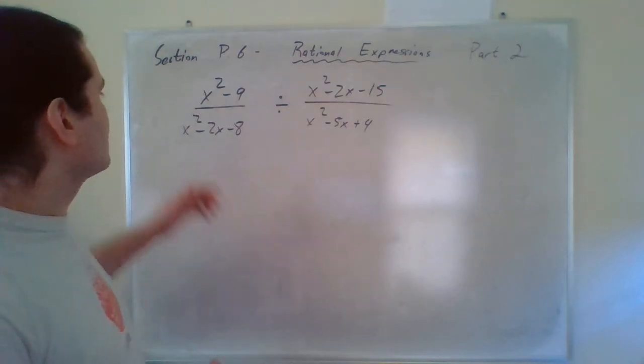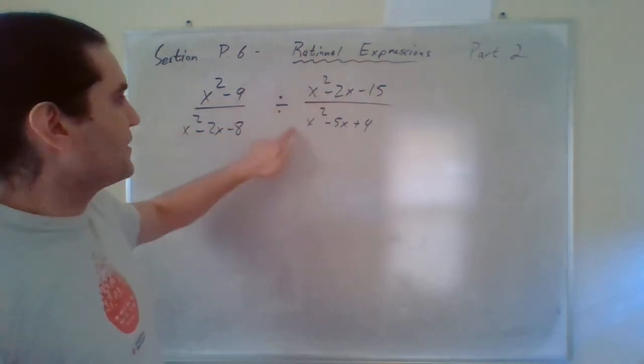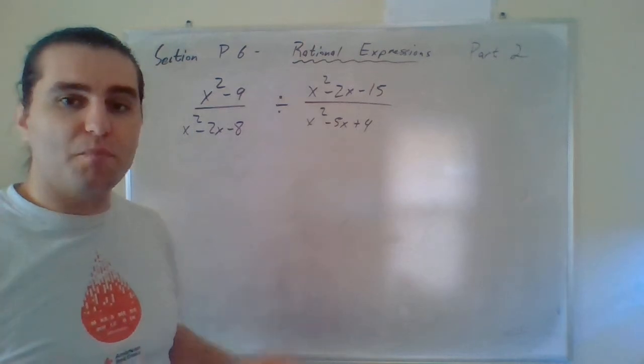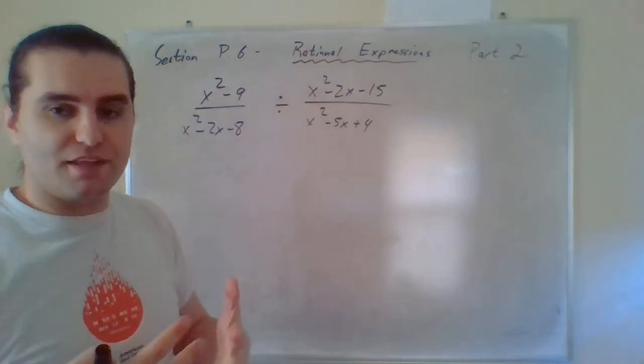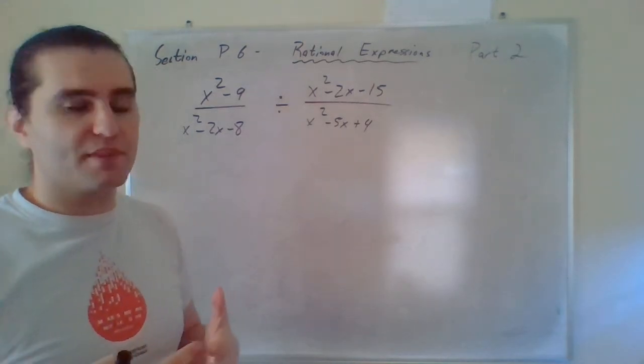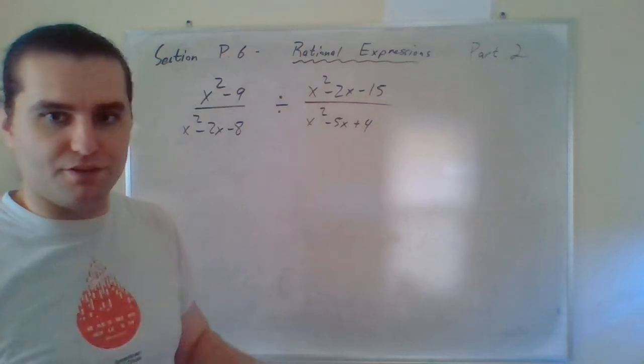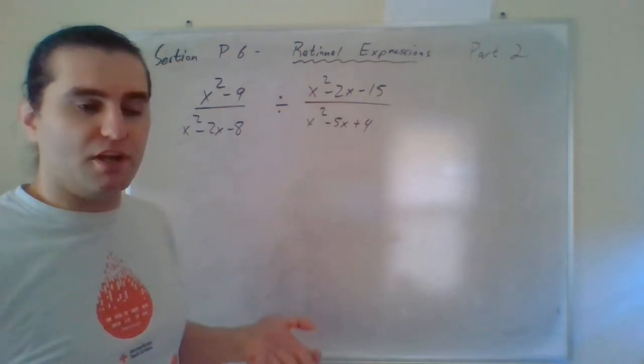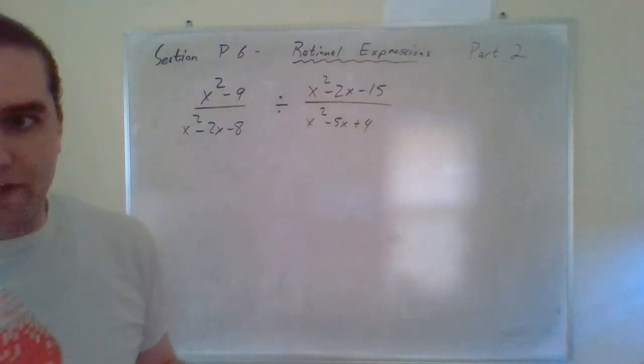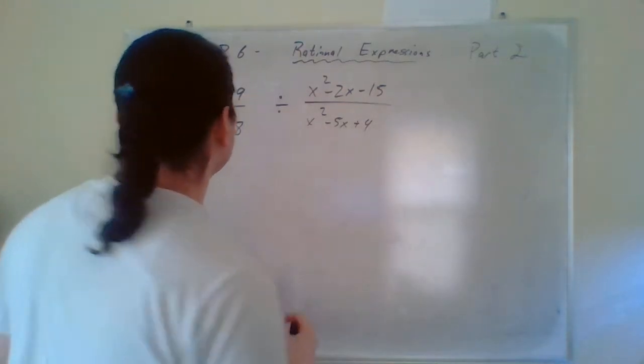So every single piece of this is a quadratic. Multiplying a bunch of quadratics together and then trying to simplify something, still a terrible plan. Let's not do that. Step one, I think, should always just be factor all of these things.